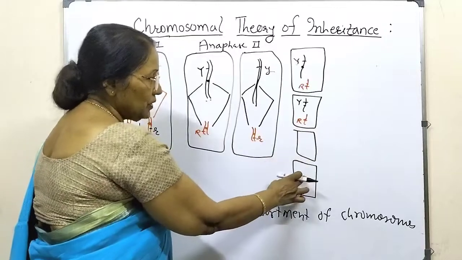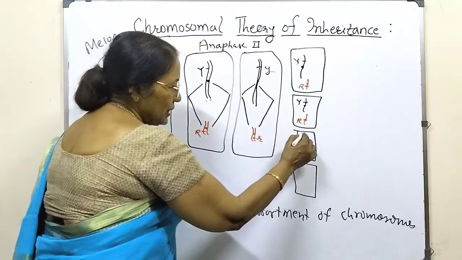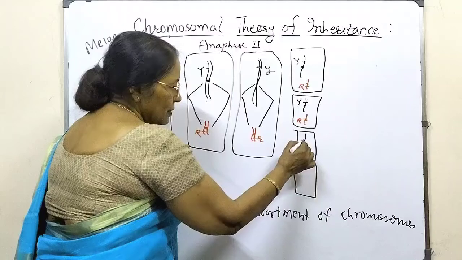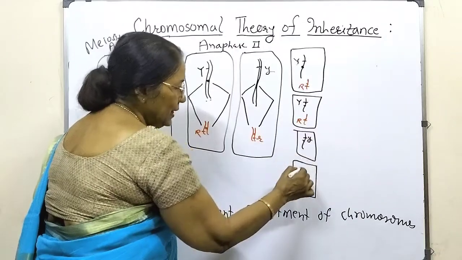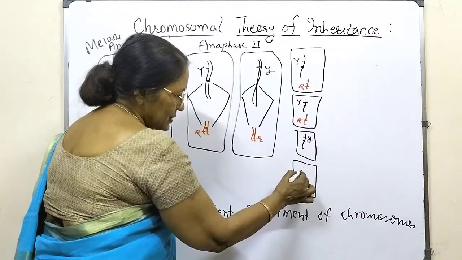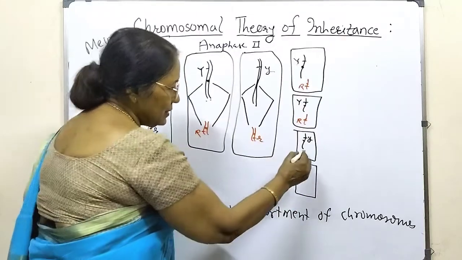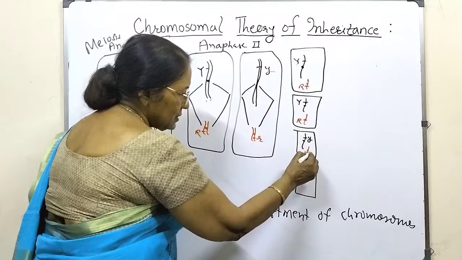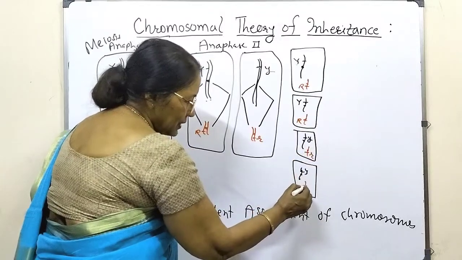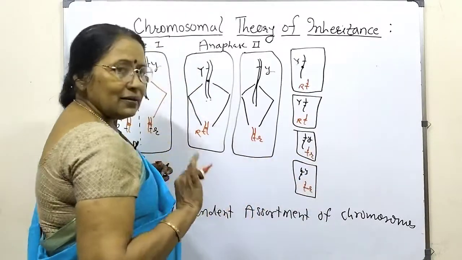Now here these two will be similar. That is, one will have this small y, this also will have small y, and this one will have one small r, this one will also have one small r. Is it?